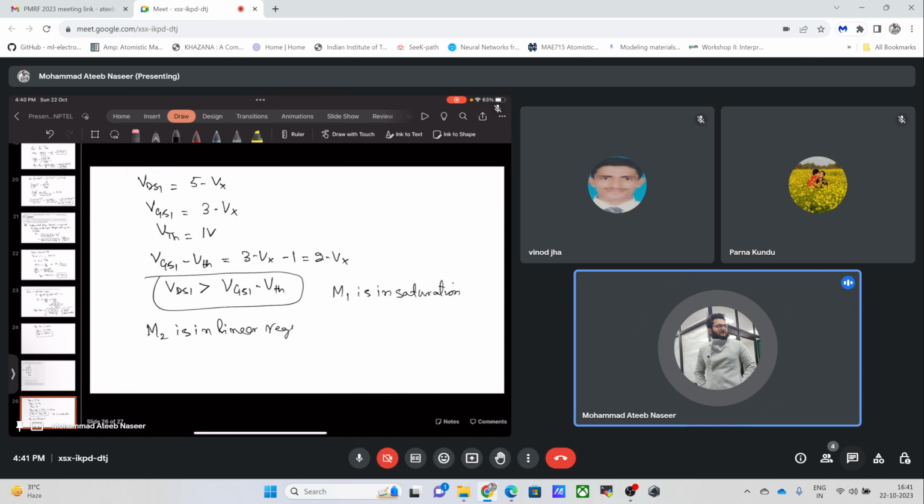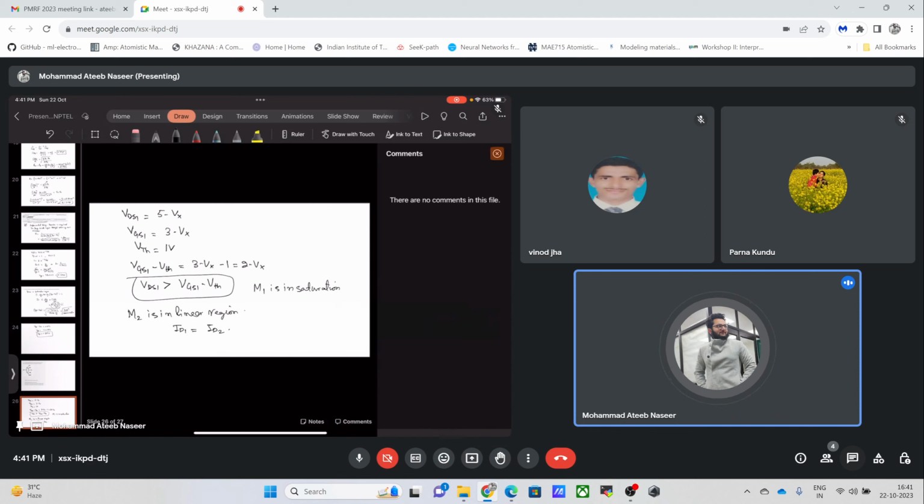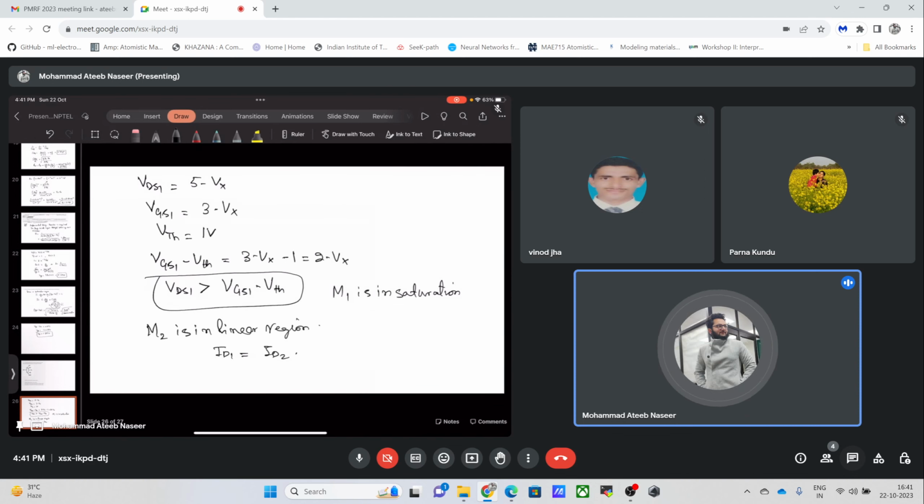And if you solve the equations or conditions by equating that ID1 is in saturation and ID2 is in linear region, you will get some values for Vx and VTH.